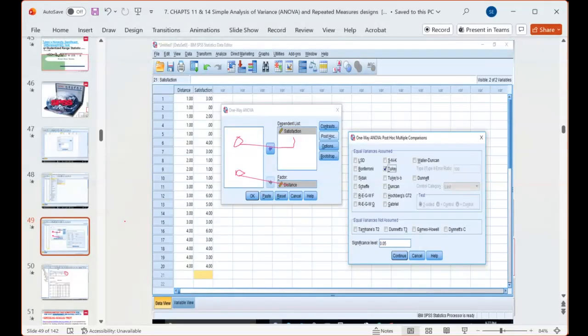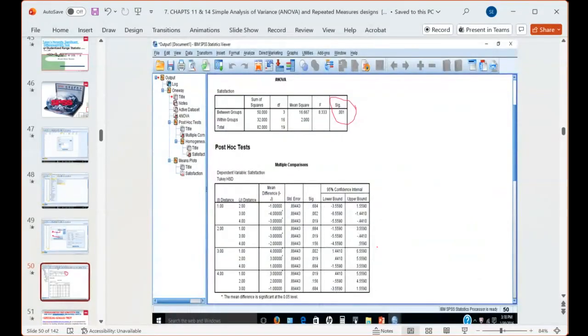We just have to use SPSS because the calculations have become humongous. That's why we use SPSS to do it for us. We have the technology. So you click continue, you click OK, and that's it.